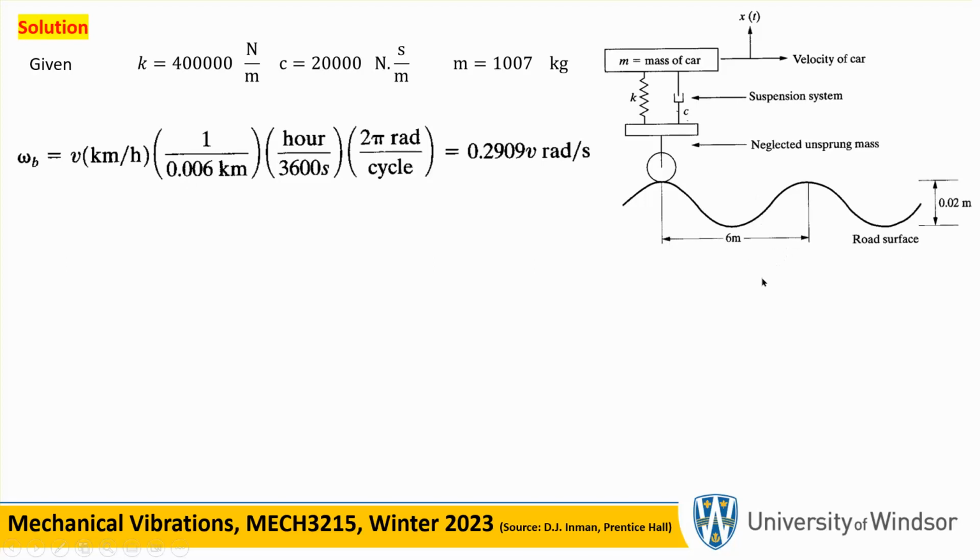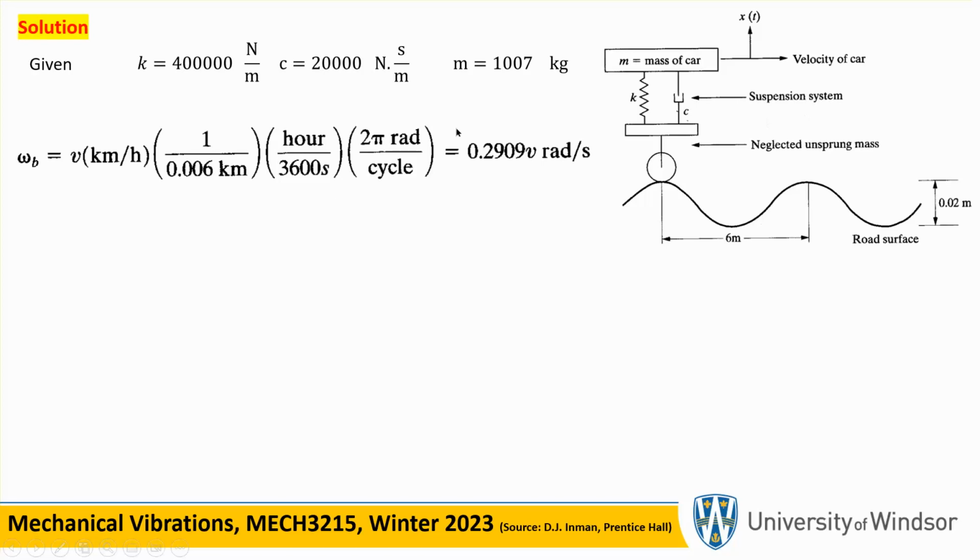And remember the relationship between frequency and period: omega equals 2 pi over T. Frequency equals 2 pi over the period, so the period is 2 pi over omega.